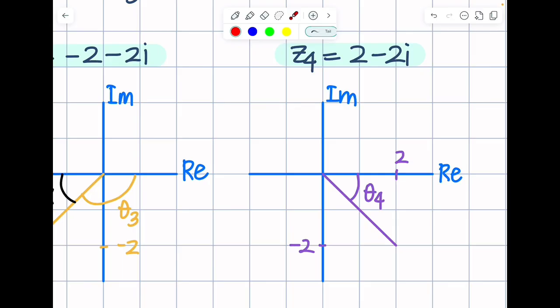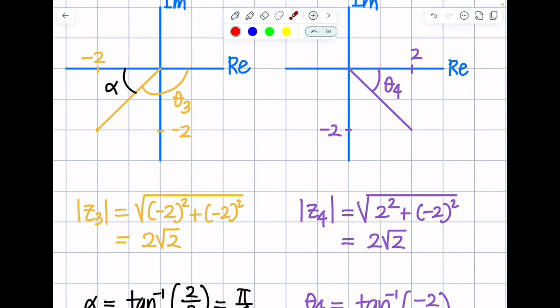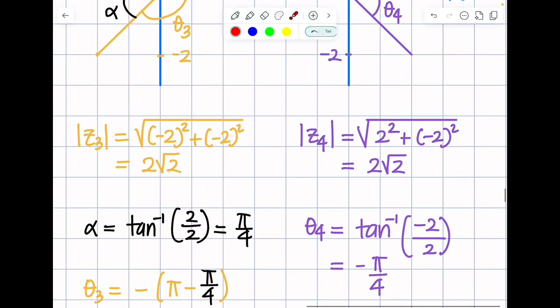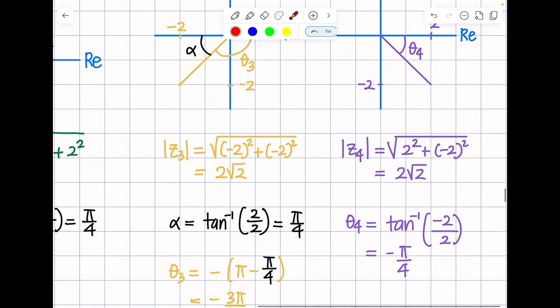For this complex number, which is in the fourth quadrant, we can find theta 4 directly: tan inverse y over x. So tan inverse negative 2 over 2, and then we get from the calculator negative pi over 4. The modulus is the same.